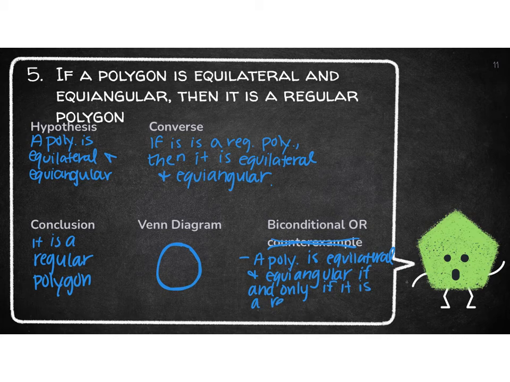That's one way to write it. The other way to write it would be to say it is a regular polygon if and only if it is equilateral and equiangular.